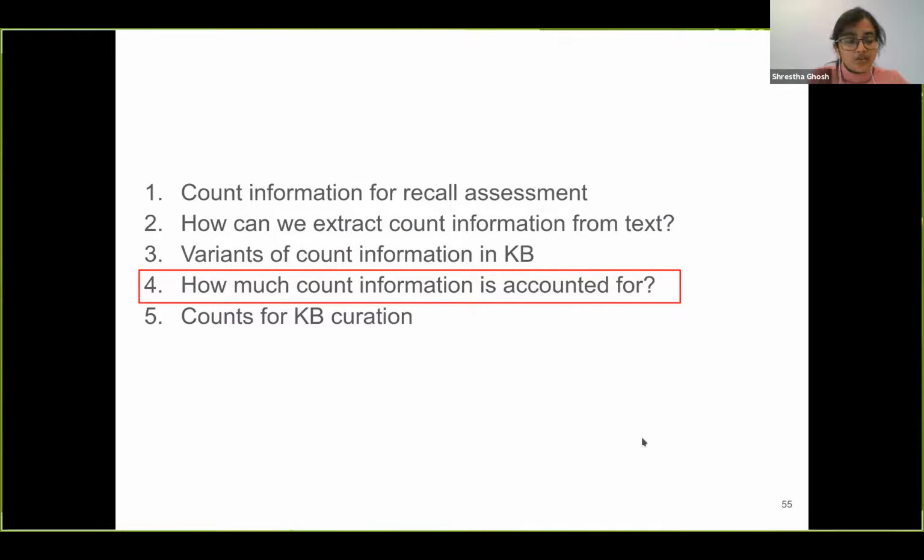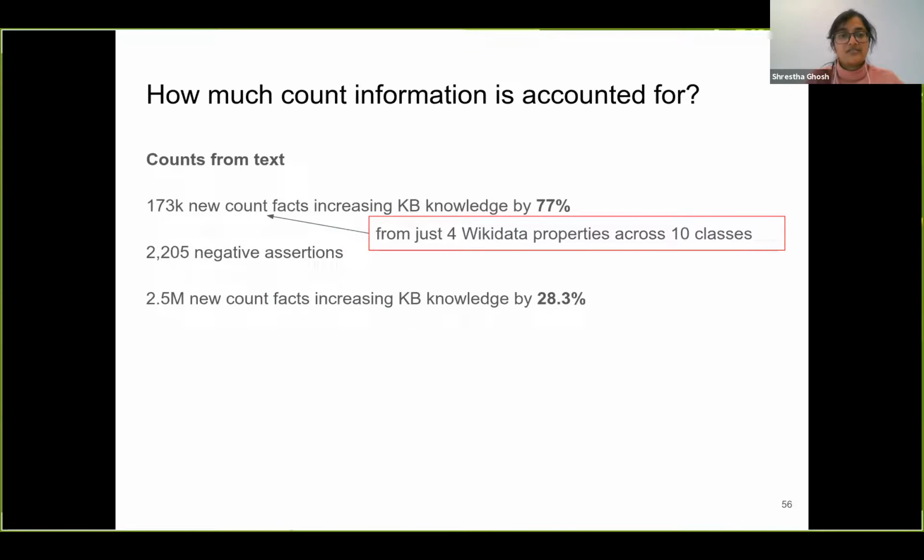So now that we have looked into the processes for extracting count information, how much can we get? For counts from text, there are 173,000 new facts that were mined for the knowledge base from just 4 Wikidata properties.